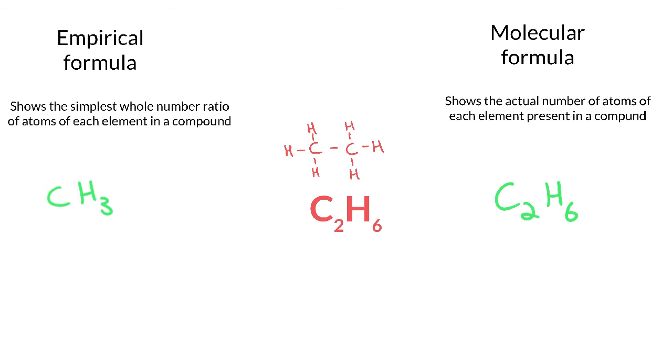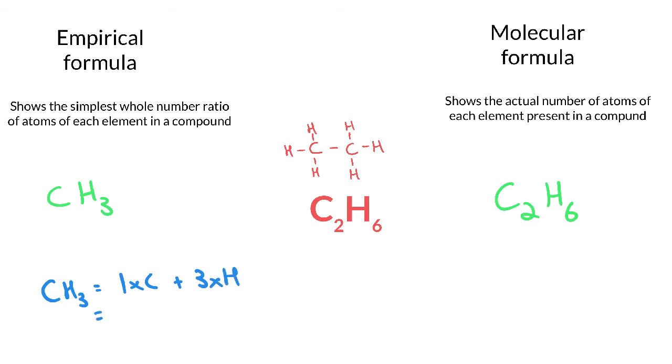Now, the reason why this can be useful is sometimes you might be told that the empirical formula of a compound is, say, for example, CH3, but maybe the MR of that compound, the relative molecular mass, might actually be something like 30. Well, if that's the case, I know that CH3 is 1 carbon and 3 hydrogens.